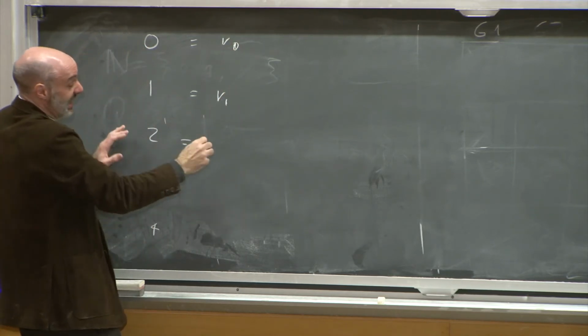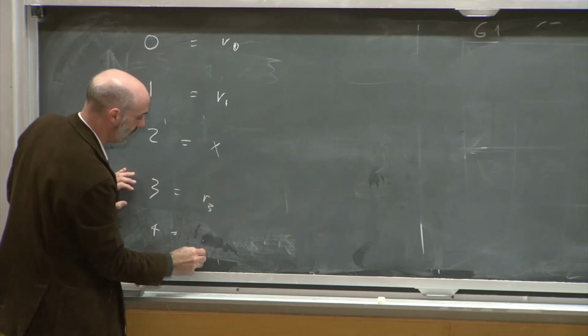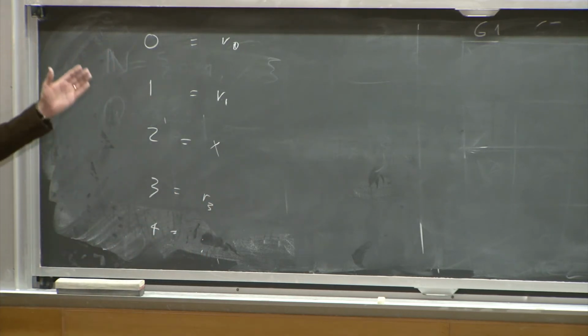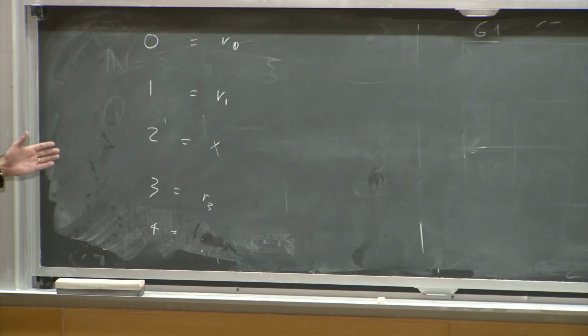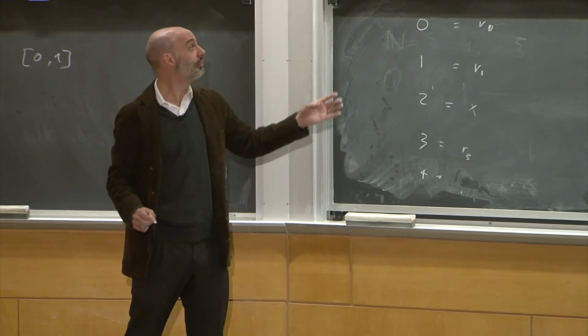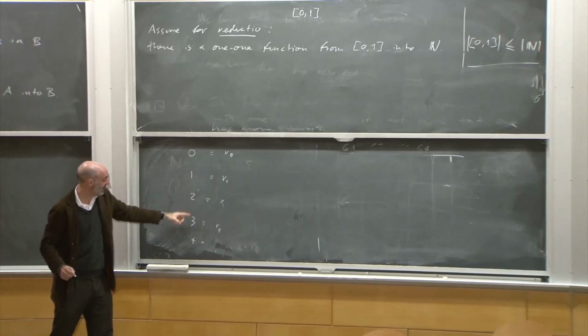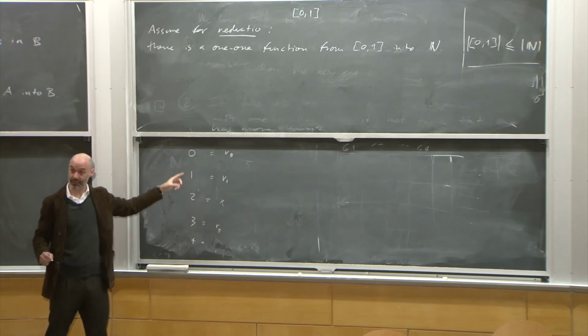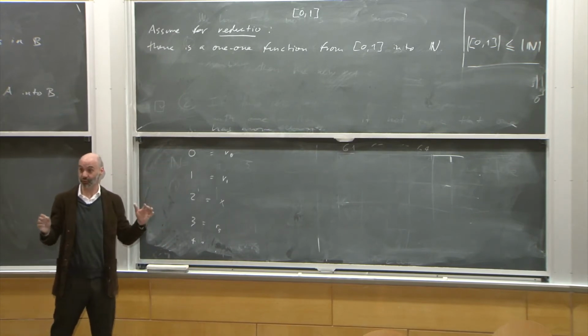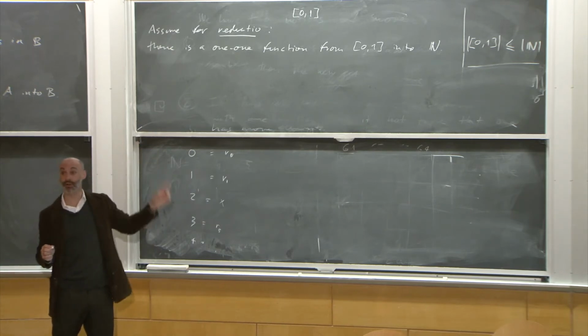Maybe 2 didn't get assigned anyone. That's fine. 3 got assigned that guy, and so forth. So we have a long list. And crucially, our list leaves no real number out. Every real number in our interval is in this list at some point. So that's what we're assuming: that we can, in effect, list the real numbers in 0, 1.